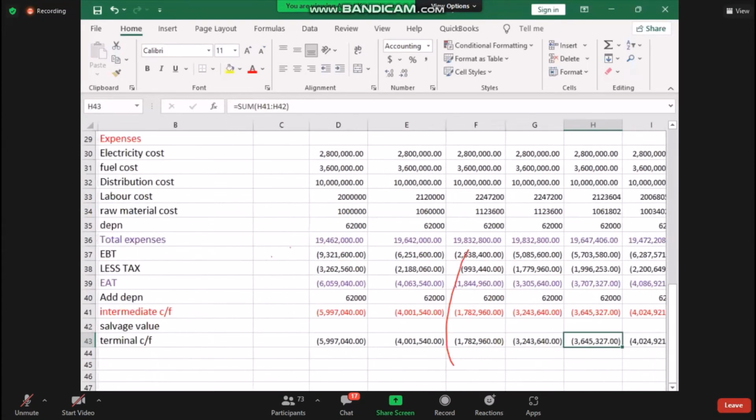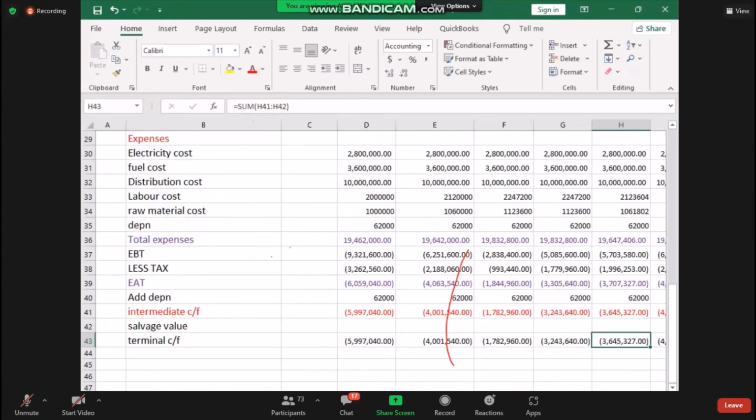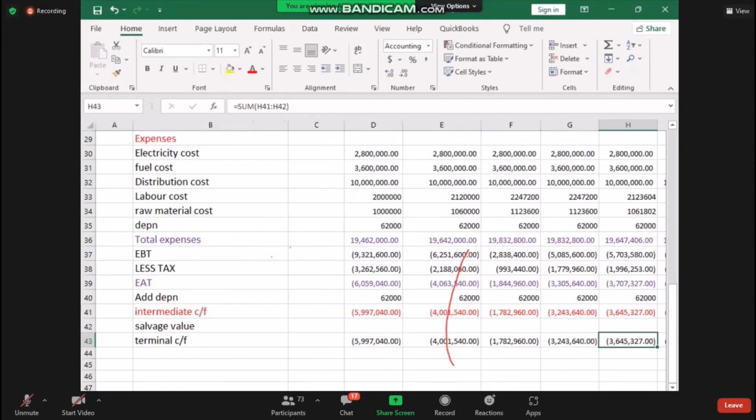So in my last year, or in my last project, my terminal cash flows, or the cash flows that I'll be having, are these ones here, and they are negatives. But you still also need to know how much you spent at the beginning of this project.